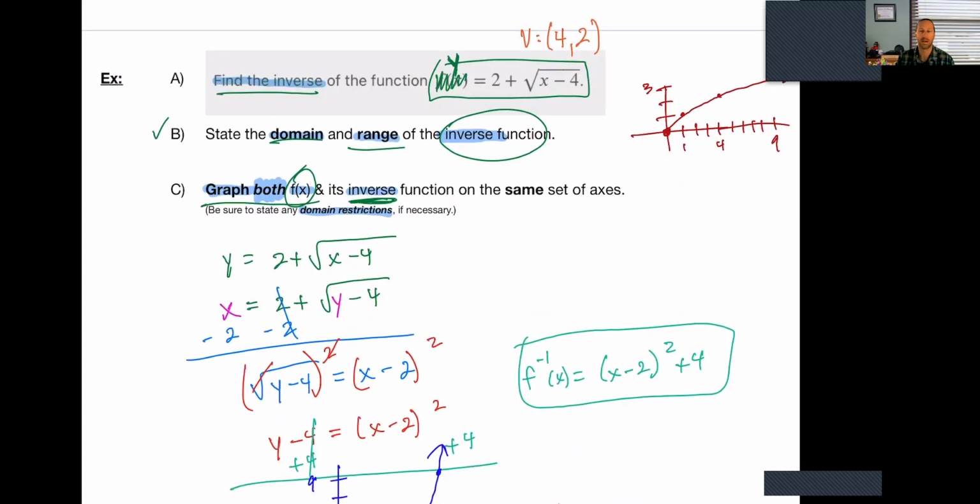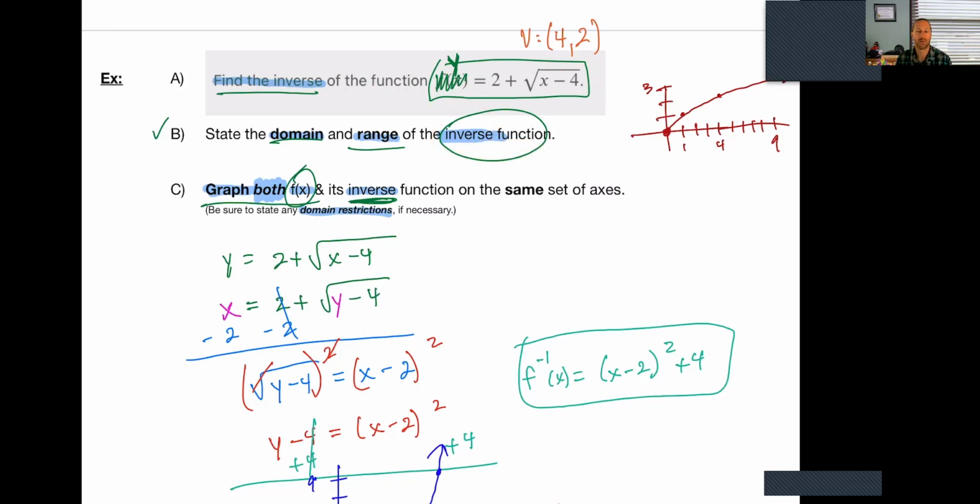We can definitely practice that more, but remember to find the inverse, switch your x's and your y's, do the reverse, and then second step, solve for that new y. So it's in the form that we're used to being able to know and graph. To find the domain and range, you can use the original function or the inverse function to find them. Just make sure that you give them the domain and range of what they requested.